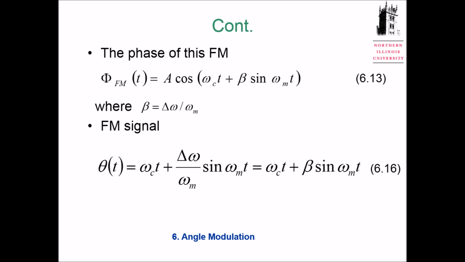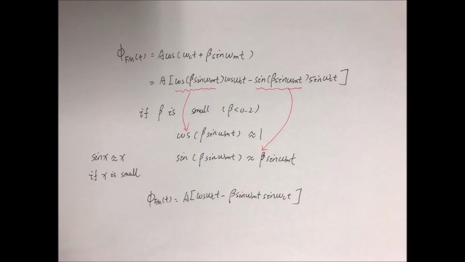And we give delta omega over omega m a new name, we call it beta. This is the modulation index. This is a very important quantity, similar to m in AM. So now theta t is omega c t plus beta sine omega m t.